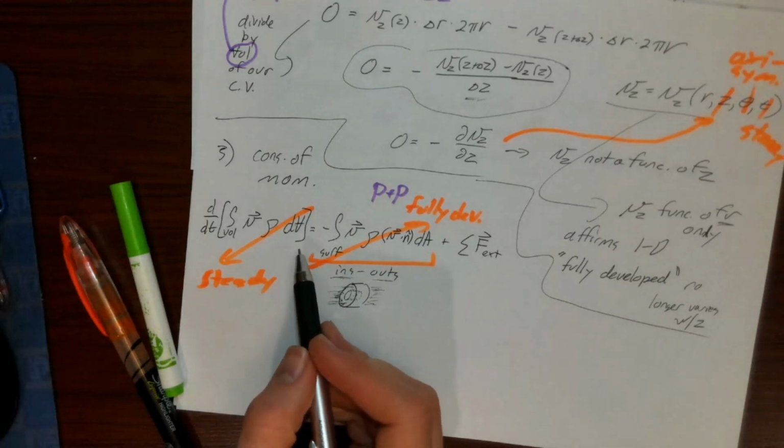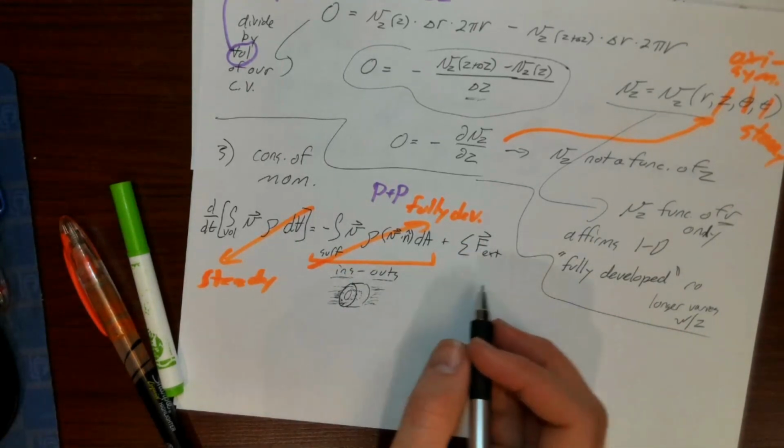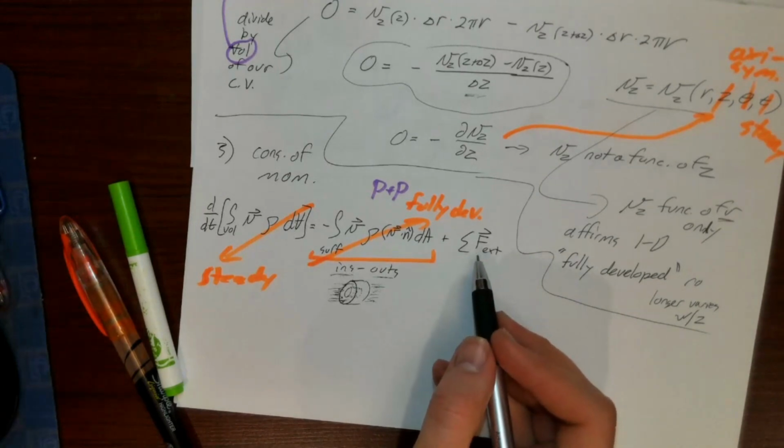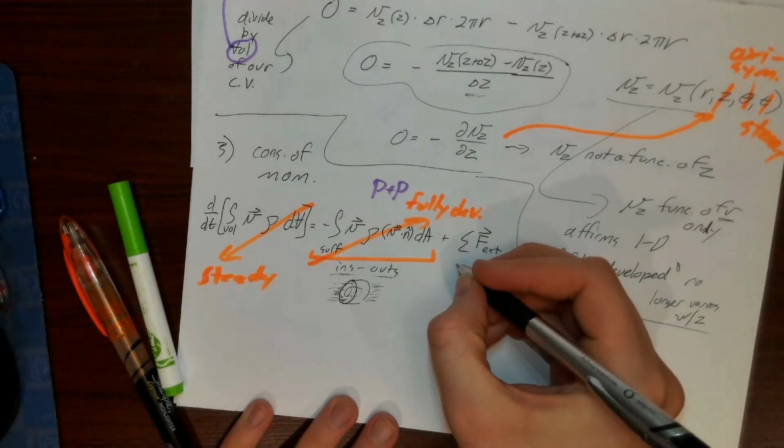So what does this mean? Well, conservation of momentum says I'm going to have some external forces on this control volume, so these external forces basically just need to balance out. What is that going to look like?